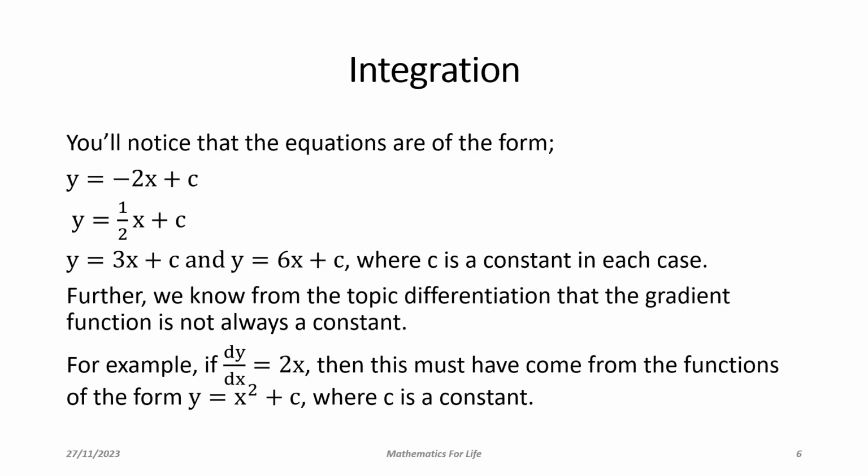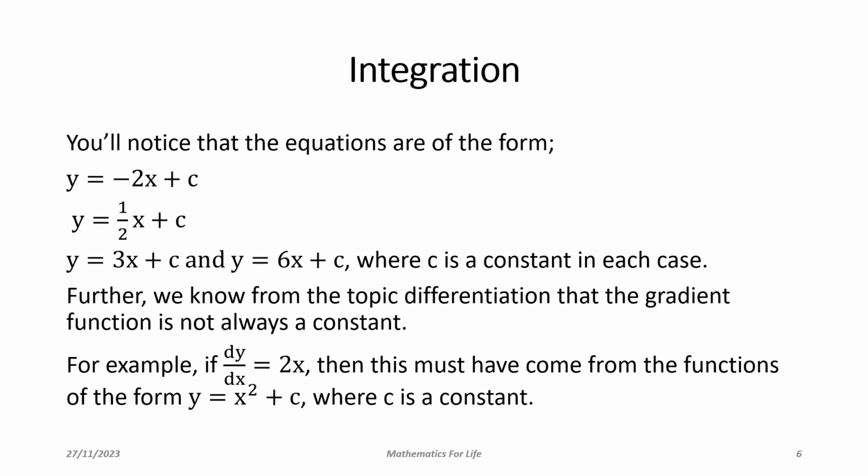You'll notice that the equations are all of the form y = -2x + c for the first one, y = a half x + c for the second one, y = 3x + c for the third one, and lastly y = 6x + c, where c is a constant in each of those cases.